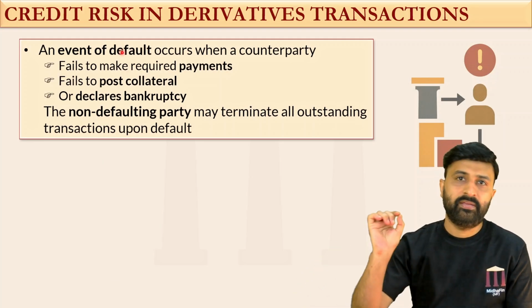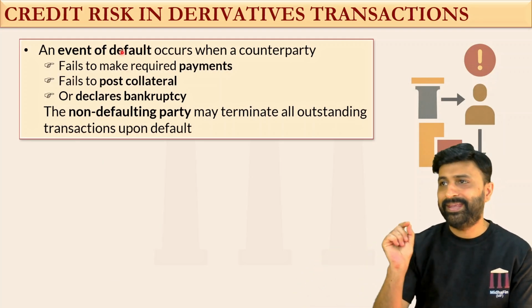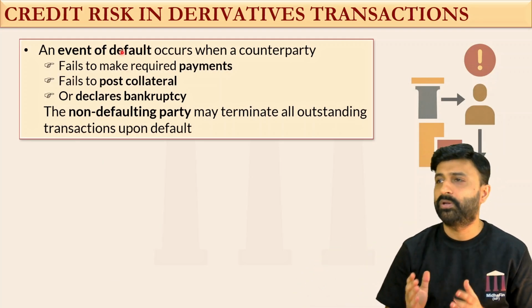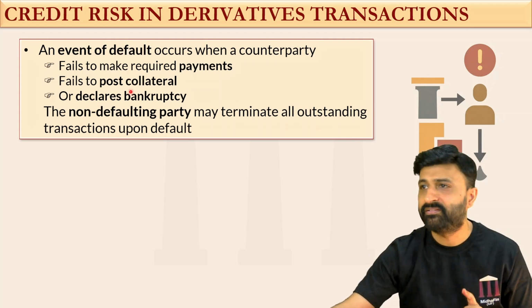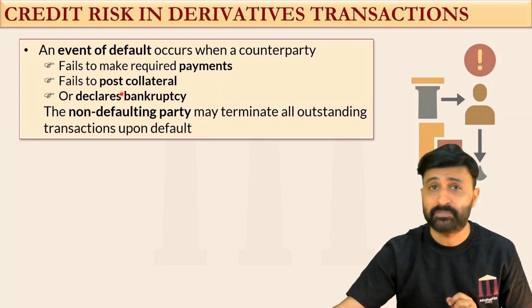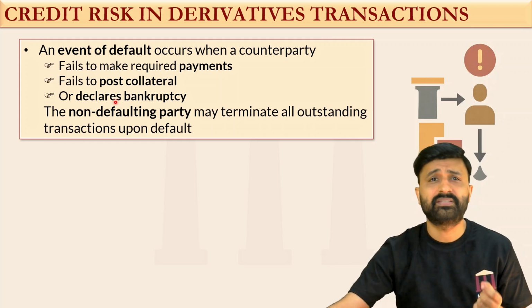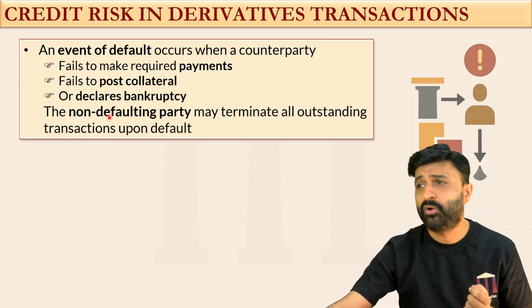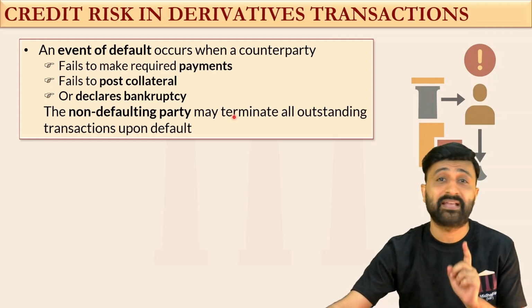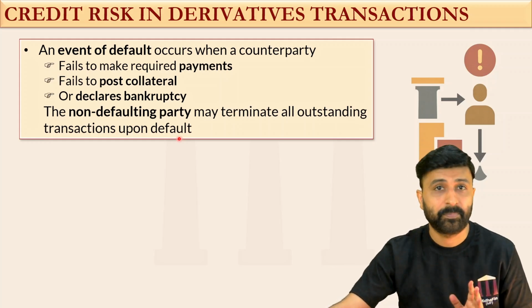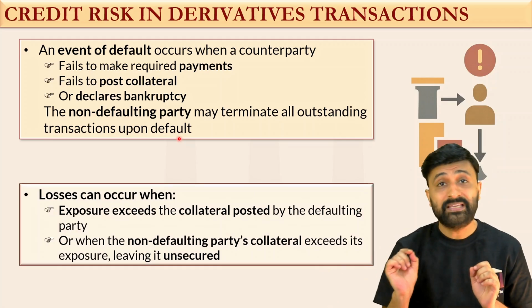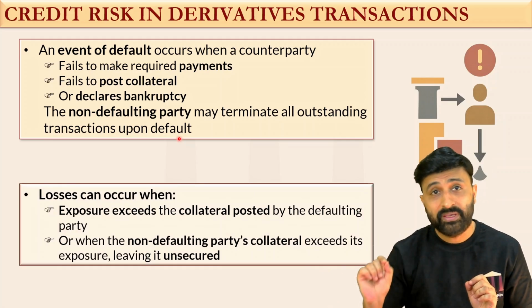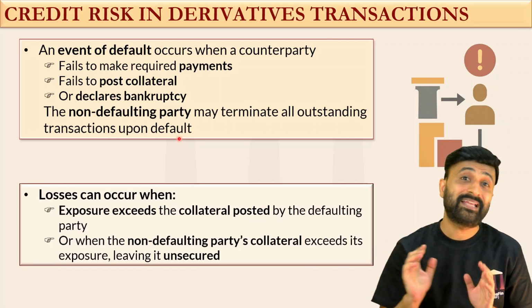Now, event of default. An event of default will happen when a counterparty fails to make the required payments, fails to post collateral, or declares bankruptcy. When any of these events occur, the non-defaulting party has the right to terminate all outstanding transactions immediately. Even after termination, losses can still occur.